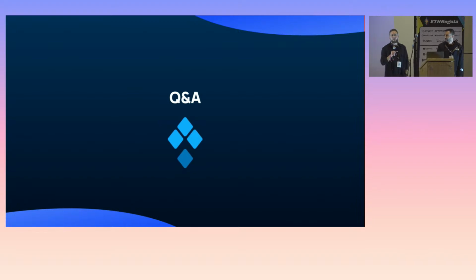Yeah, so for each operator, you can see the clients that he uses. If you want to have different clients, you can choose operators that operate with different clients, and then you have some diversification. It's up to you, totally open.